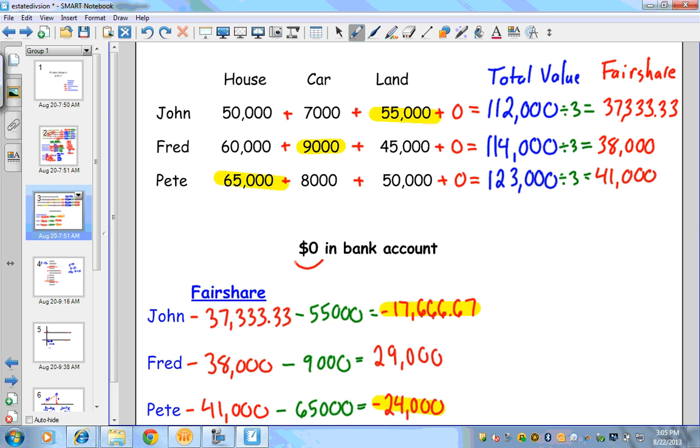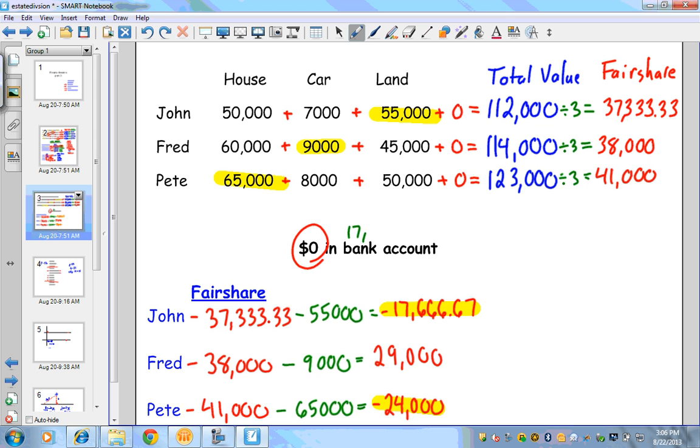Well, you might be wondering, how's that going to happen because of the fact that we have $0 in the bank account? Well, if you remember back to video 2, these negative numbers here represent what is going to be paid back. Okay, so what you're going to do is you are actually going to add those numbers to the bank account. Now, the one thing to notice is that, yes, they are negative numbers, but to the bank account, it's going to be positive numbers.